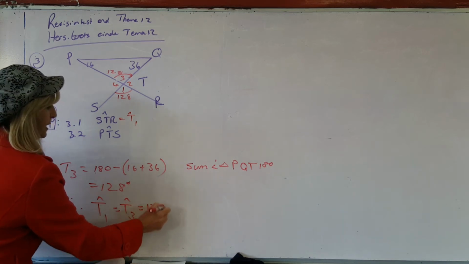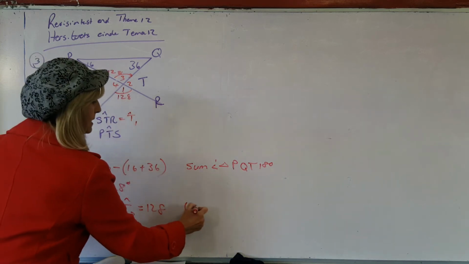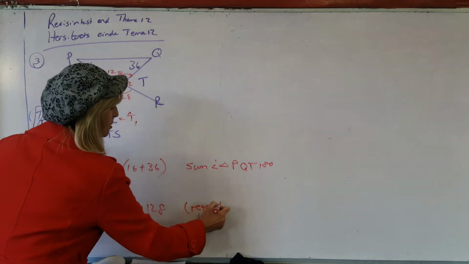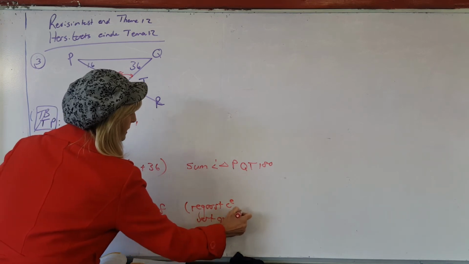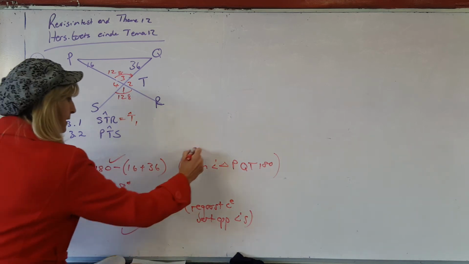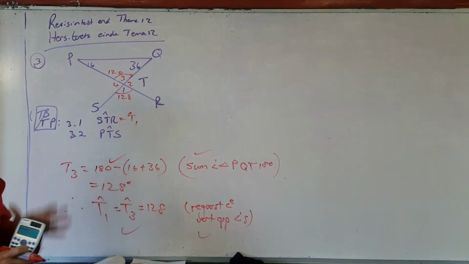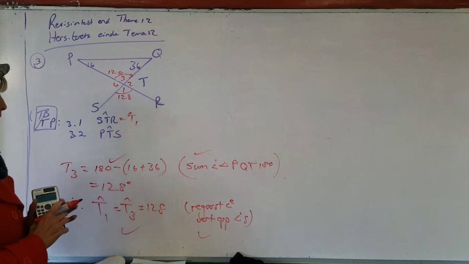And what is your reason why T1 and T3 are then equal to each other? Because they are vertically opposite angles. Good, so it would be interior angles of a triangle and reasons. Everything you write down must have a reason. Now that was 3.1.